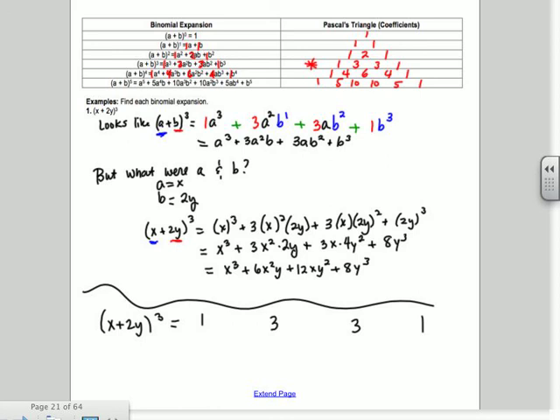So I'm going to have x being cubed, x being squared, x raised to the first, no x's. And then the next thing I have is 2y, right? That's like the b value, using quotes, b value. So I'm going to have no b values on the first one, one b value on the next one. So 2y to the first, (2y) squared, (2y) cubed. So I just go from there. Notice how it ends up being exactly the same as what was here.